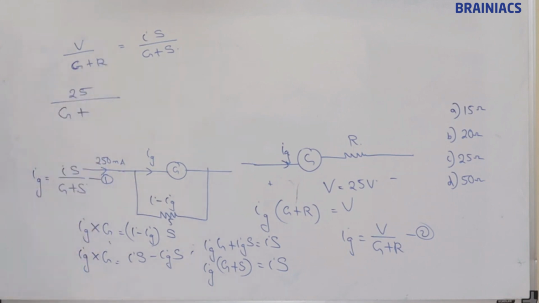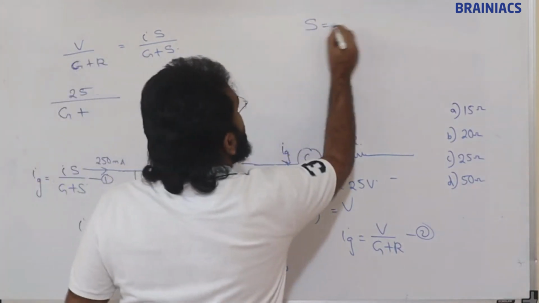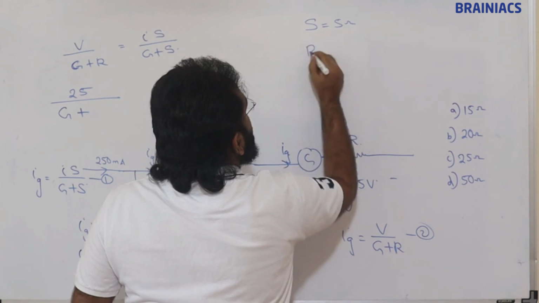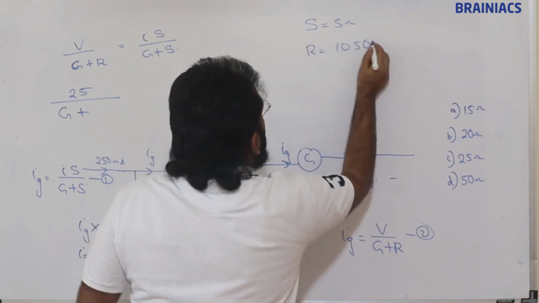What is the resistance which we need to connect? For the ammeter, the shunt resistance is 5 ohm, and the series resistance is 1050.